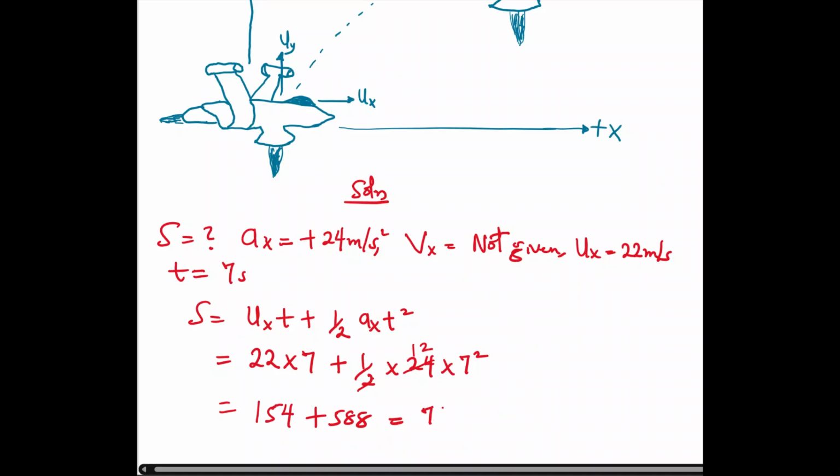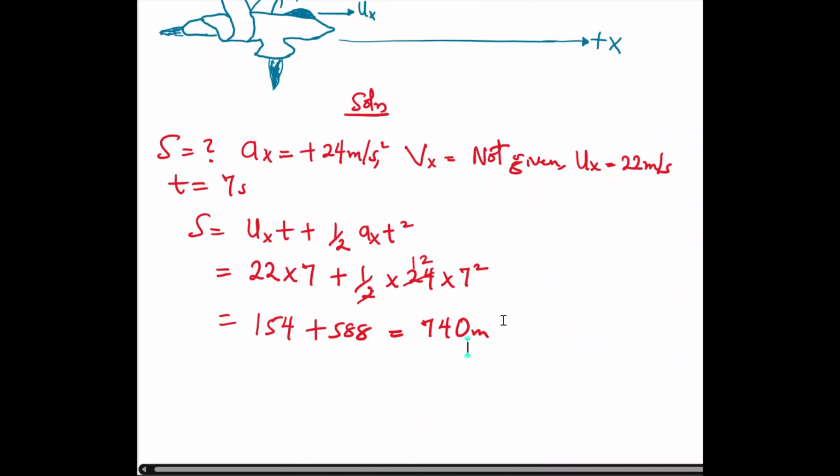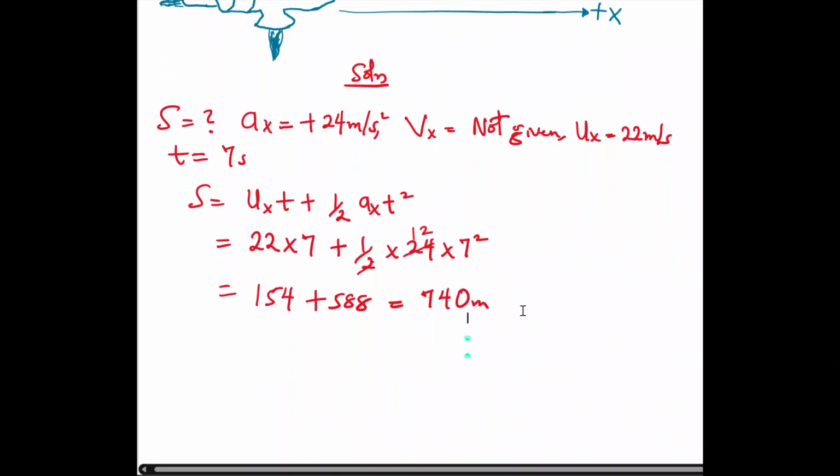When you add it together, you get 740 meters. That's the spacecraft's displacement in the x direction.